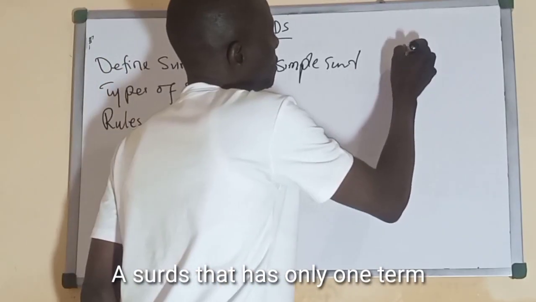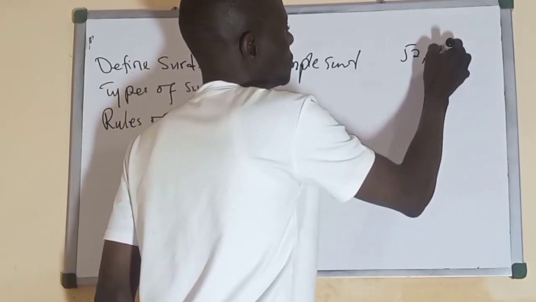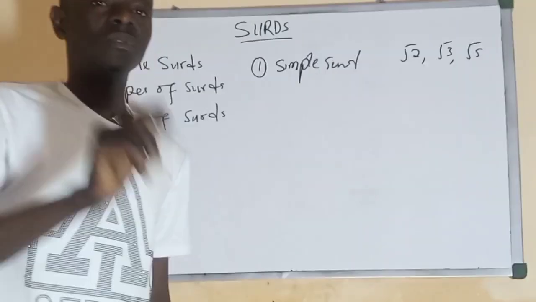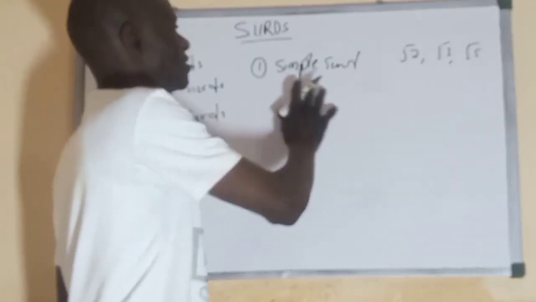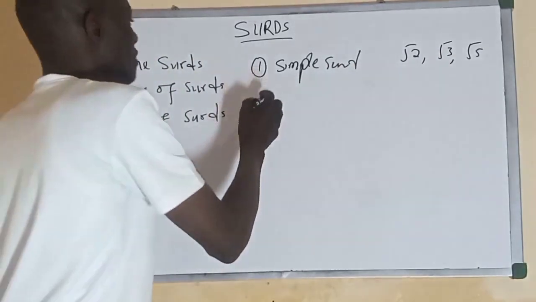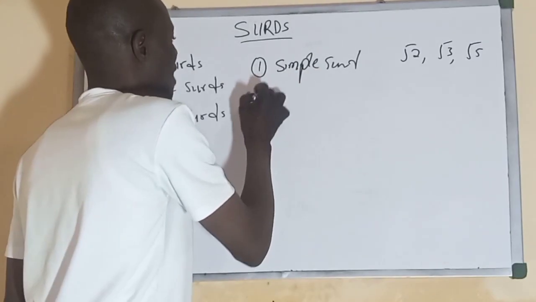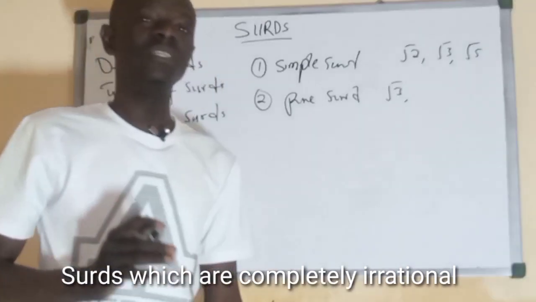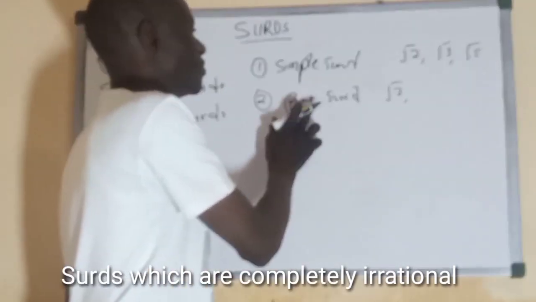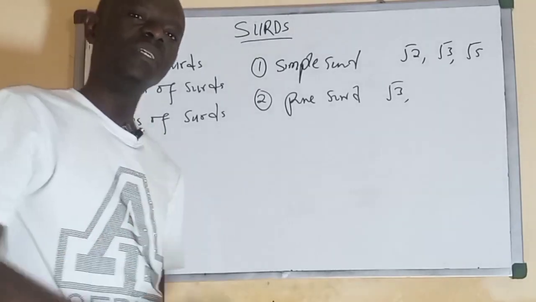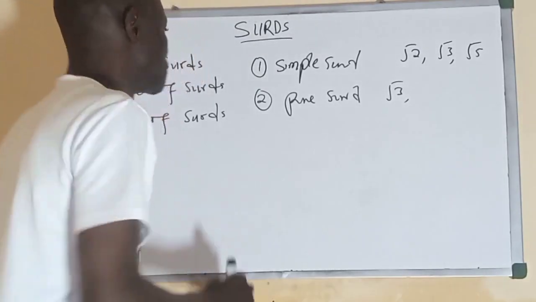Examples: root 2, root 3, root 5. Any surd with a single term is considered a simple surd. We have number 2, pure surd. A surd that is completely irrational is an example of a pure surd. An example like root 3 is completely irrational.